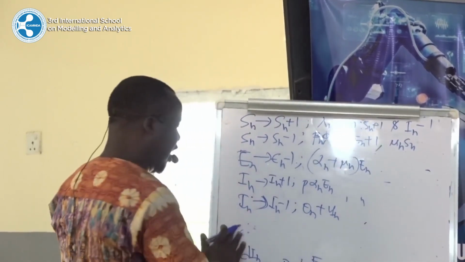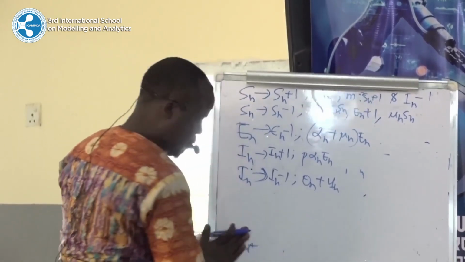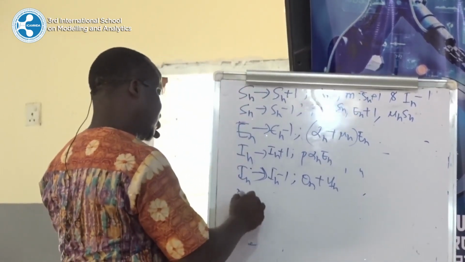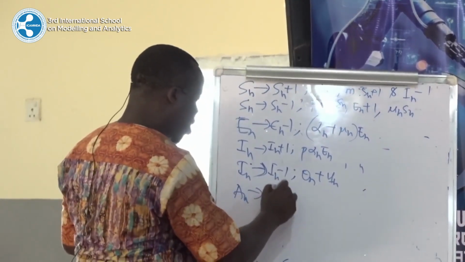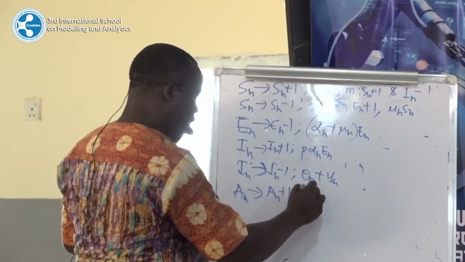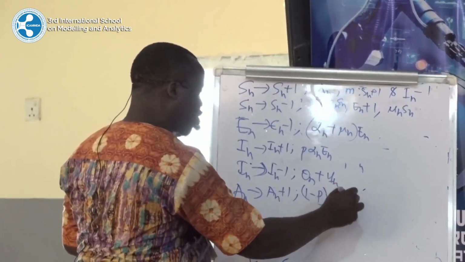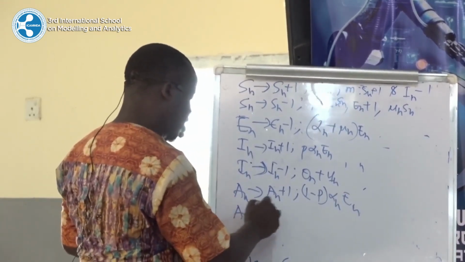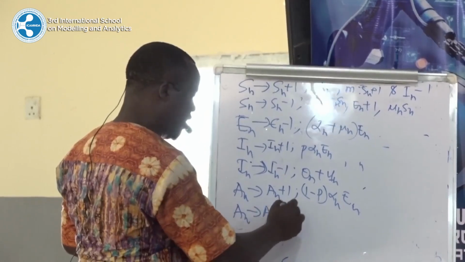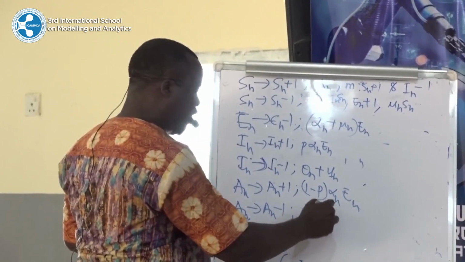And then we have AH. That's what? AH plus 1 minus P alpha H EH, and then AH minus 1, mu H AH.